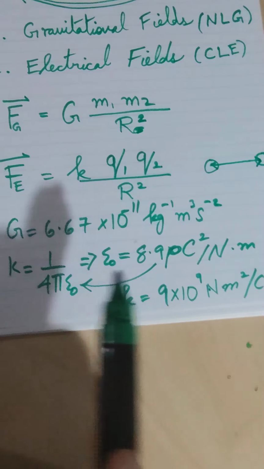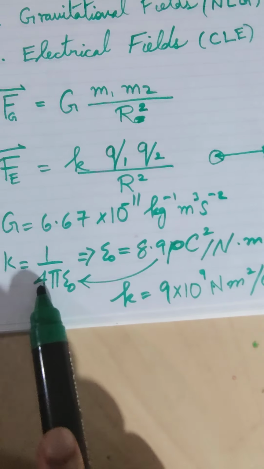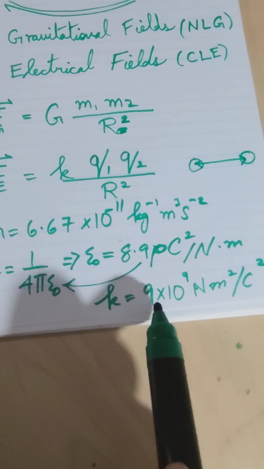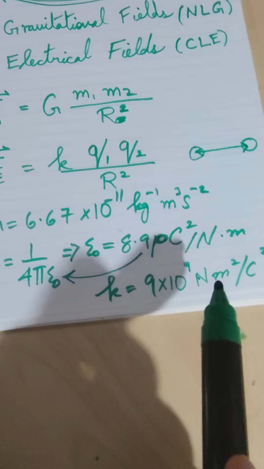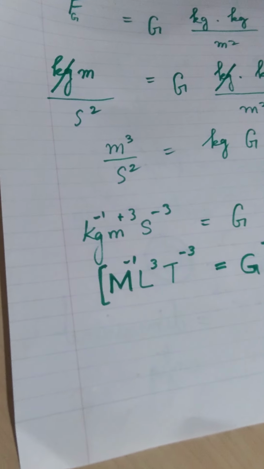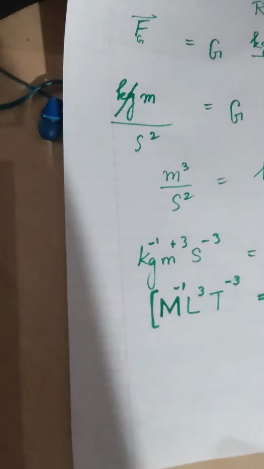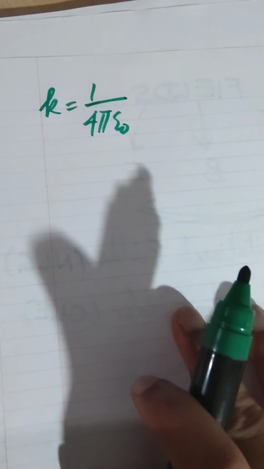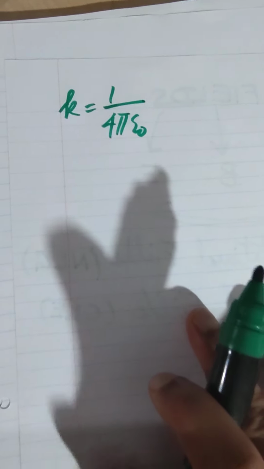And so rather than punching this value in every single time, students have come up with this value that they've solved already, and that's 9 billion newton meters squared per coulomb squared. We've done this dimensional justification. Now we'll do it for the electrical constant as well, and we'll now find out the units of this.